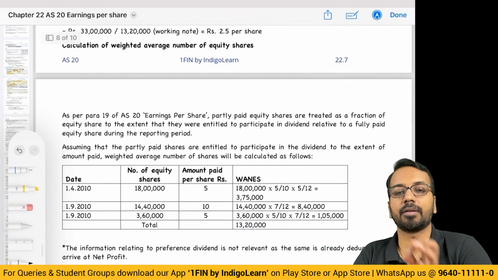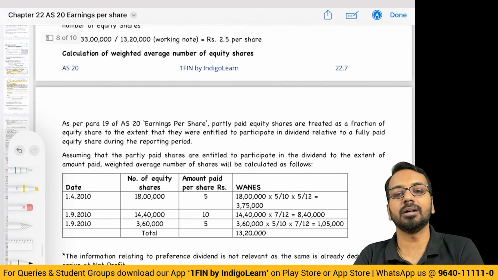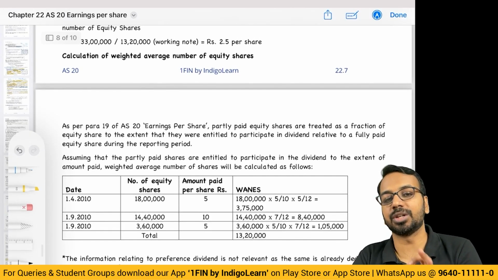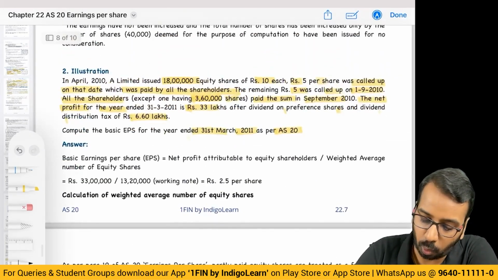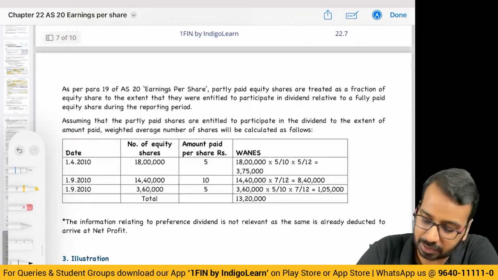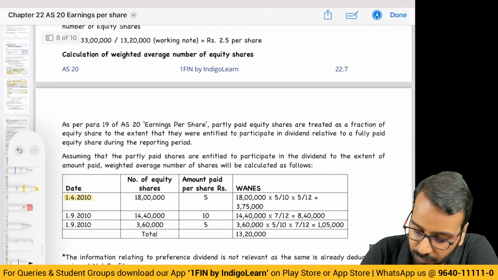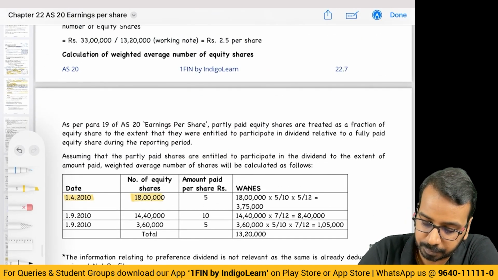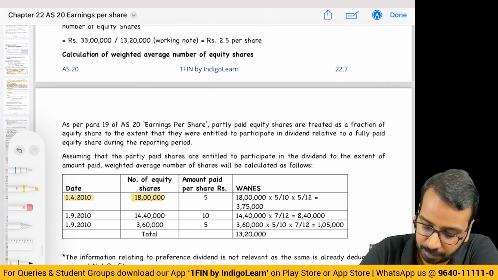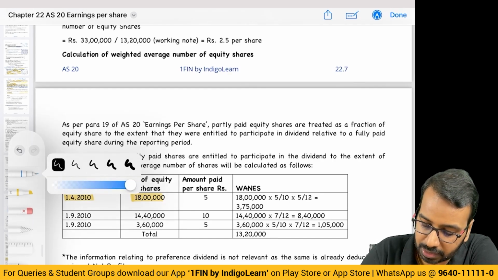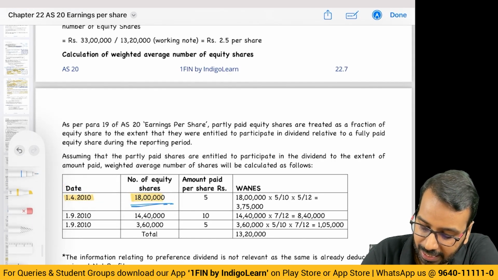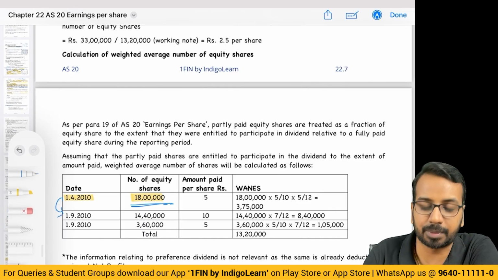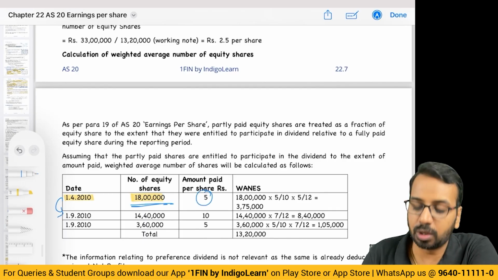Right. Now first what you have to do, we have to calculate the weighted average number of equity shares outstanding. Now first thing, whatever is opening balance, 18 lakhs from 1st of April. Now here what you need to understand is on this 18 lakh shares till 1st of September amount paid is only 5.